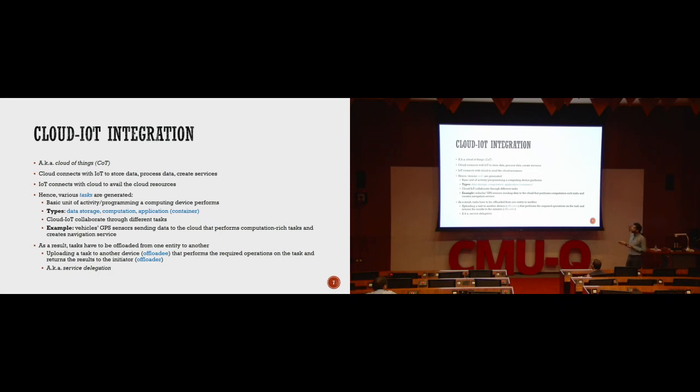Mainly those tasks are of three types: data storage, computation, or application, which is contained in a virtualized form known as a container. We'll learn more about containers in the slides as we move along. The tasks are sent from one device to another, which is known as task offloading, or also known as service delegation.